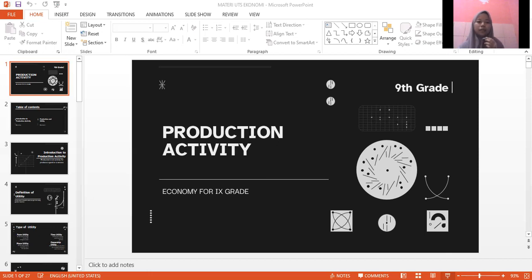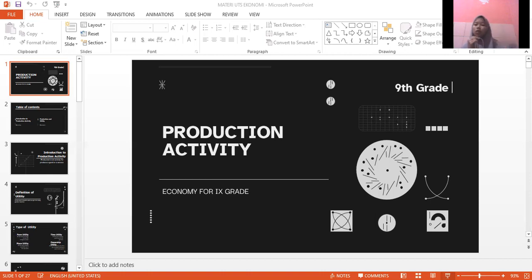Next, types of utility. There are four types of utility here. First one is form utility, where an item changes its value if it changes its shape. Something like fabric. I'm wearing a hijab right now, but it was just a piece of fabric.